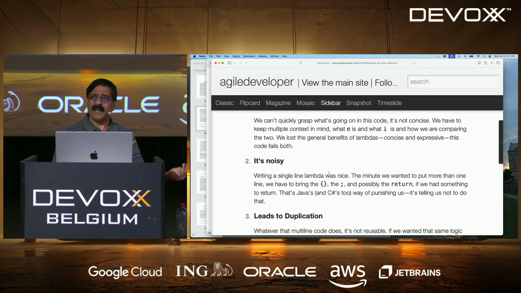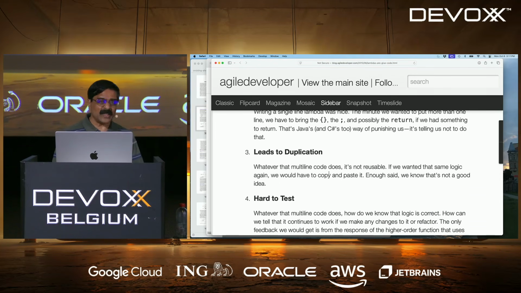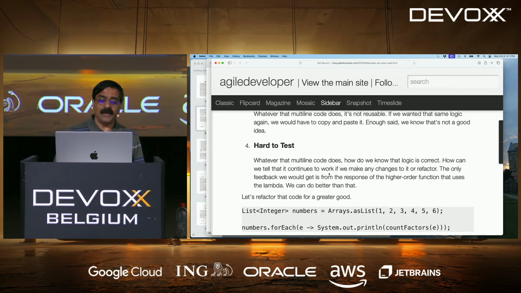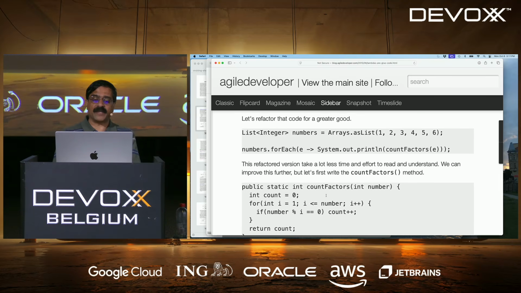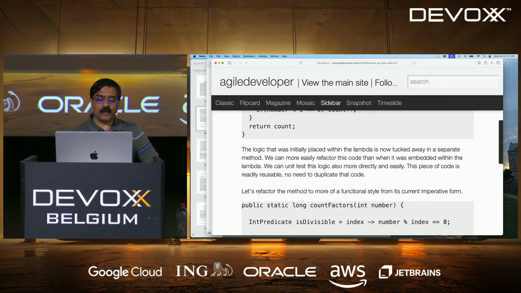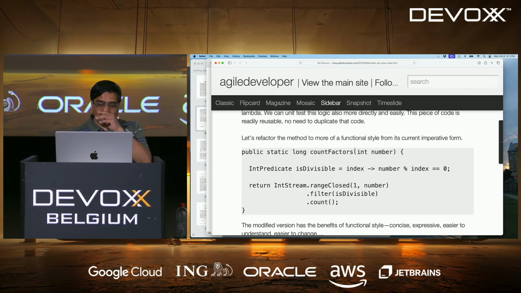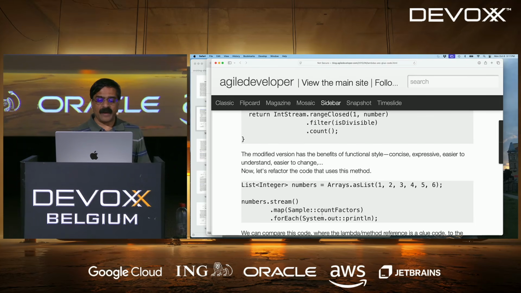It's hard to read, very noisy, leads to duplication, and hard to test. You're going to have poor coverage as well. However, if we write that as a separate function, as you can see, then we can easily call that in the lambda. We can even split that into multiple calls, and write that nicely into multiple lambdas and make it much easier to maintain.